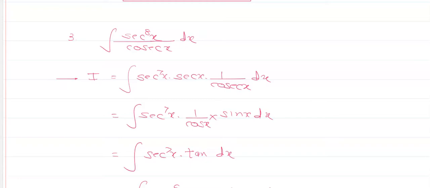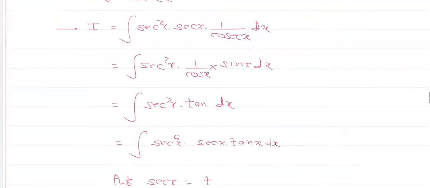Now sec x means 1 upon cos x, and 1 upon cosec x becomes sin x. Overall sin x upon cos x becomes tan x. That is why you will get the integral of sec x raised to 7 into tan x dx.